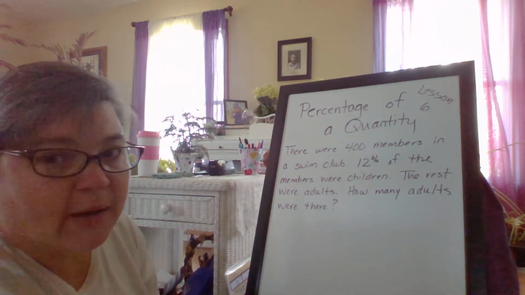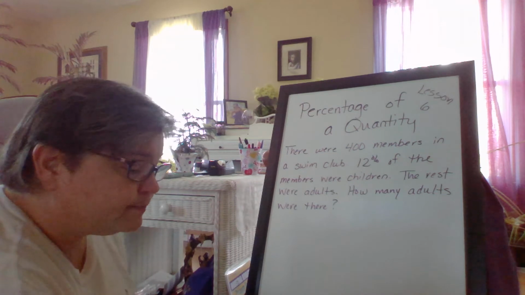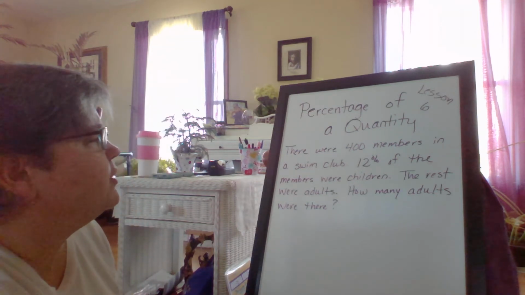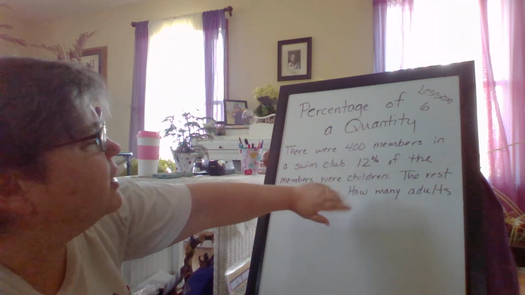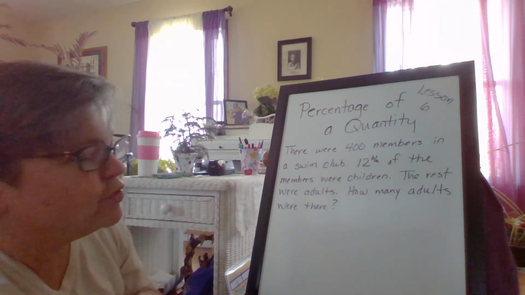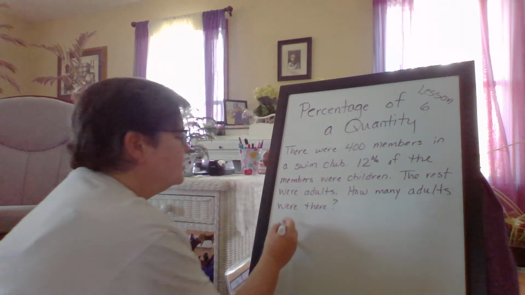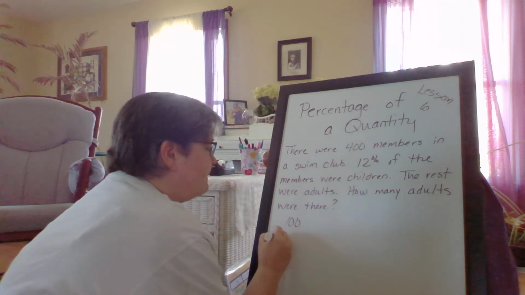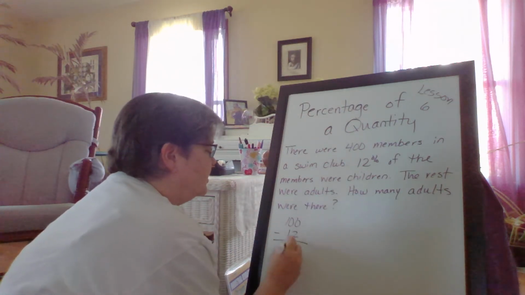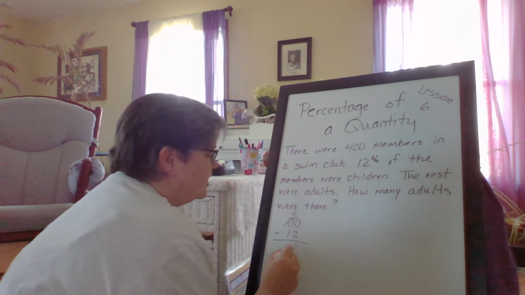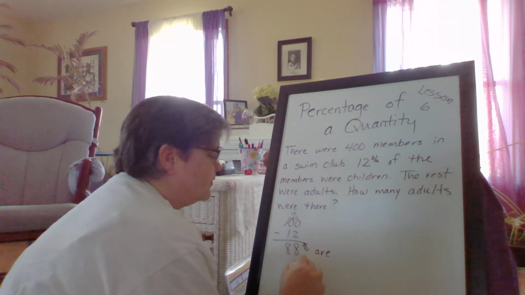I am going to say there are a couple ways to solve this problem. The first way: there are 400 members and 12% are children. So if 12% are children, what percent are adults? I'd say 100% minus 12% gives me 88% adults.